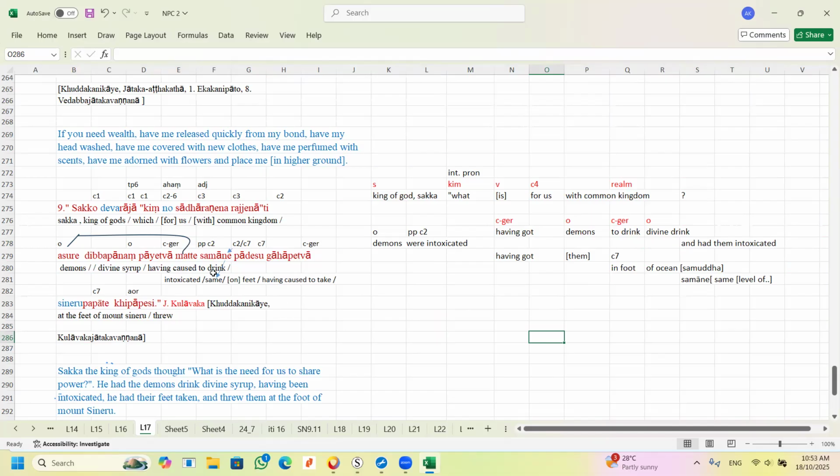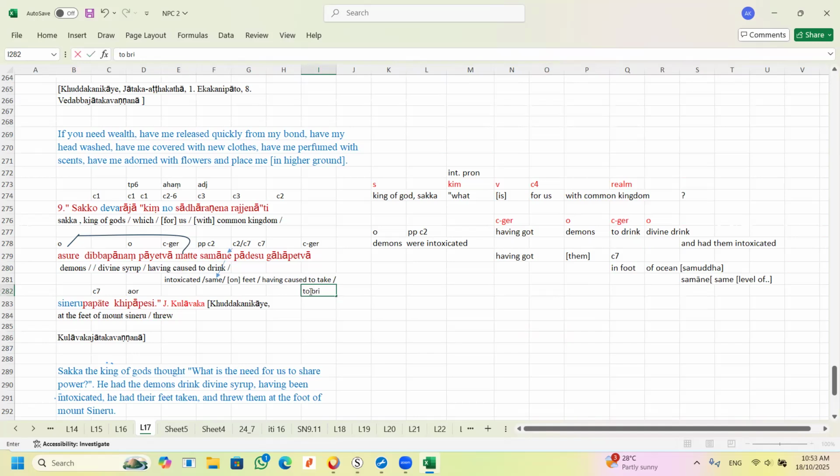Now the last part, can you see? This is the one I cannot translate. So I give you my idea why I cannot translate here. You see the word gaha, having caused to take, having caused to bring, to take or to bring.